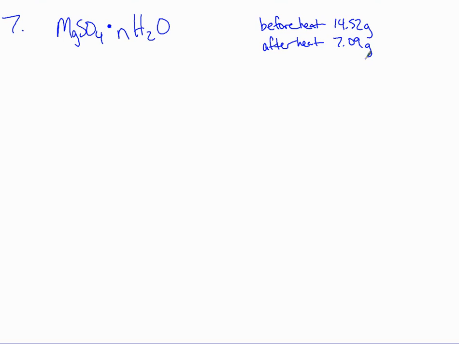It says describe what's happening on the molecular level for this process. I don't know to what degree you want to write this. Basically, when you heat it up, the water is going to change into a gas and escape from the crystal. So maybe: water vaporizes, escapes crystal.